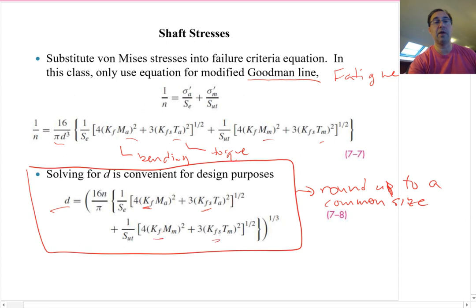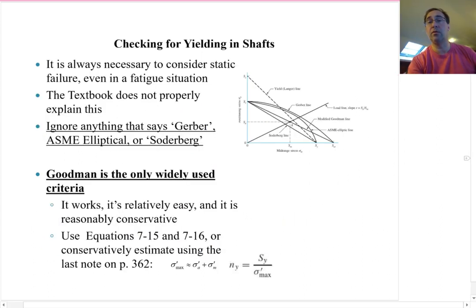You can use K and K sub s. They're actually more conservative. We didn't cover what K sub f and K sub fs are. Those are the fatigue stress concentration factors. They're not really that much different from the normal ones. They're a little lower, so I just ignore them. It's an extra step you don't need to do.